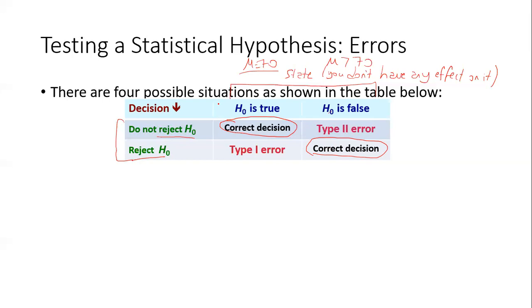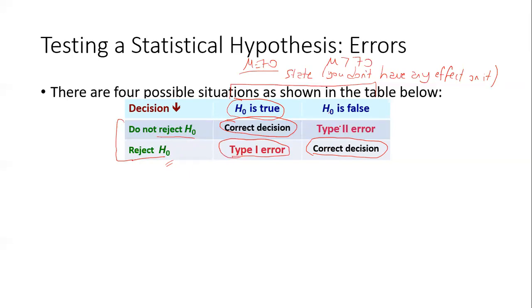However, if H0 is true, assume that mu is equal to 70, but you reject H0 and say that mu is not equal to 70 or mu is greater than 70, then that's not correct. So you are making an error there. And this is what we call a type 1 error.